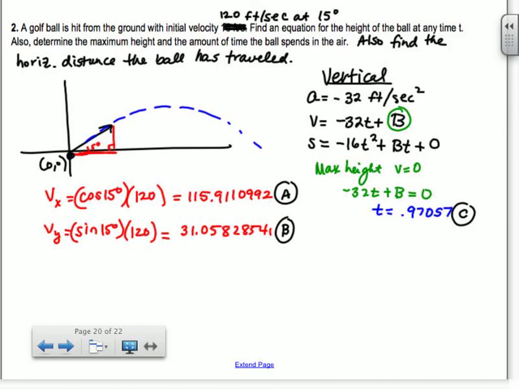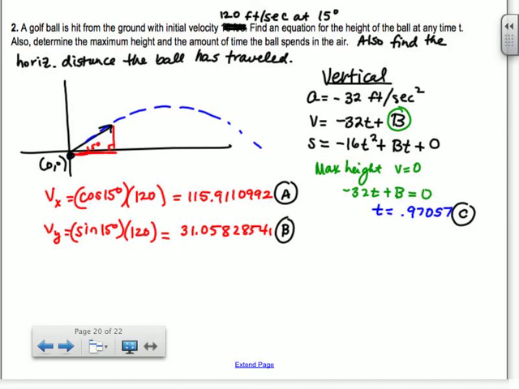Then it said find the amount of time the ball spends in the air. Oh, we need the maximum height, don't we? We didn't finish it. That's just the t value. That's the number of seconds that it takes to reach the maximum height. So then we need to plug in that number for our s function.